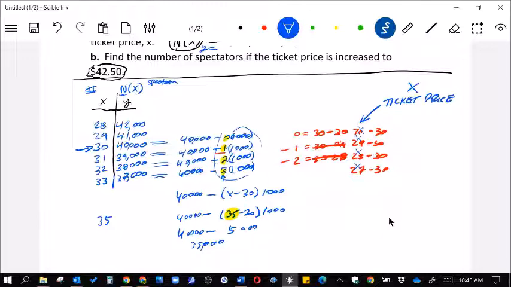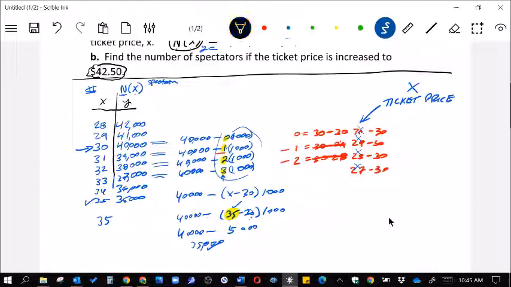These are spectators. So at 34, we would have gone to 36,000, and at 35, we would have gone to 35,000. So using 35 here matches to get us that. By putting the ticket price here as 35 minus 30, we get a positive number, but we're subtracting that positive number of people, so it ends up taking away from the 40,000.